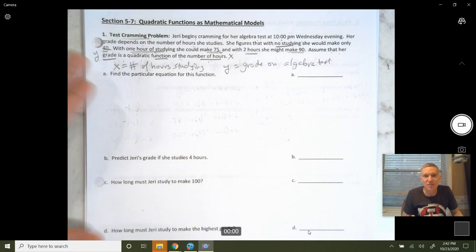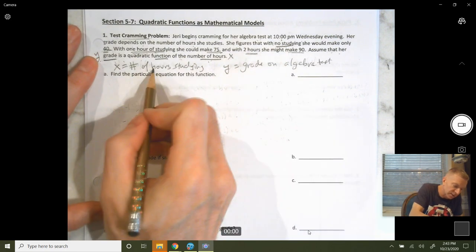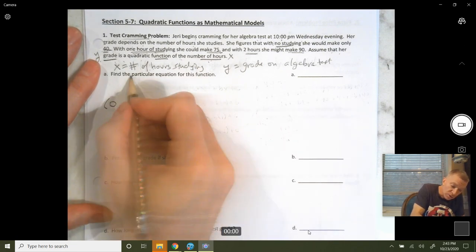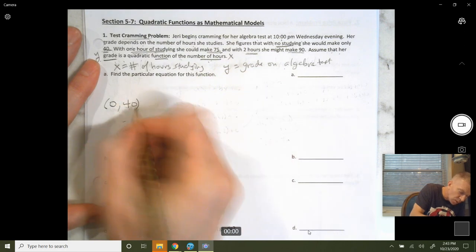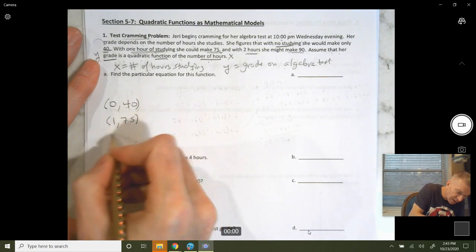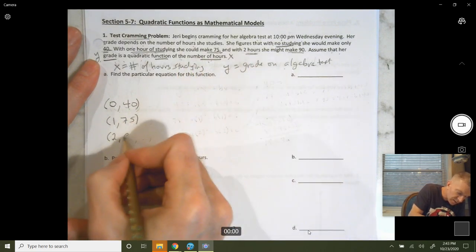Okay, and let's look at the information that they give us. So with no studying, number of hours studying is 0. So let's make an ordered pair, 0, 40. Her score, the y value, the grade, would be a 40%. With 1 hour of studying, she'd get a 75%. And with 2 hours of studying, she'd get a 90%.